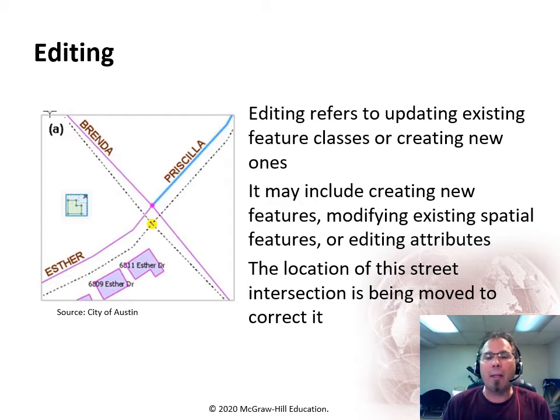So if, let's say, an engineering firm is going to use this data, they can use it to plan where a building is going to go. There's a lot that goes into editing, and you have to make sure that the edits taking place are logistically correct, and they reflect what's going on in the real world as closely as possible.